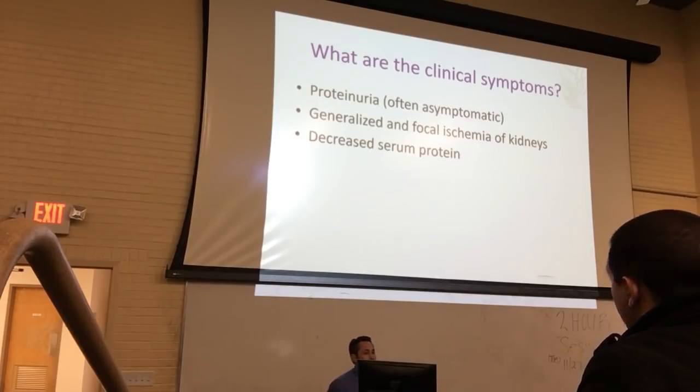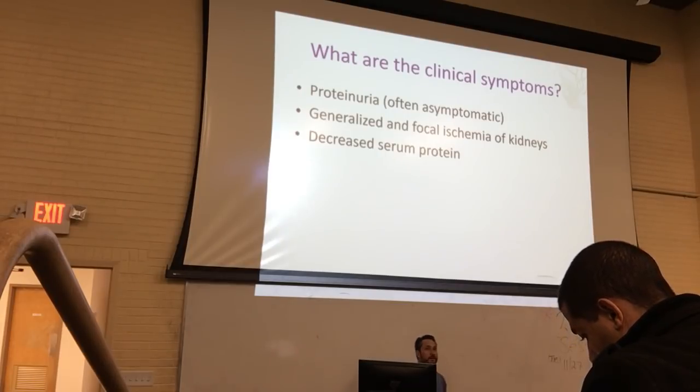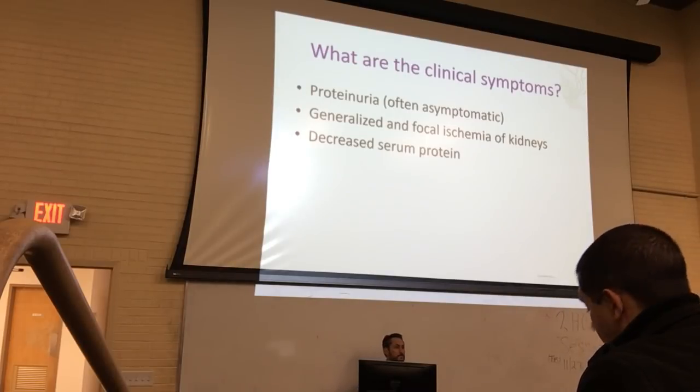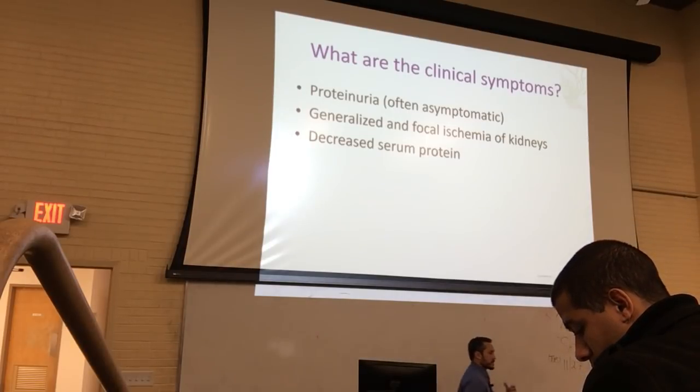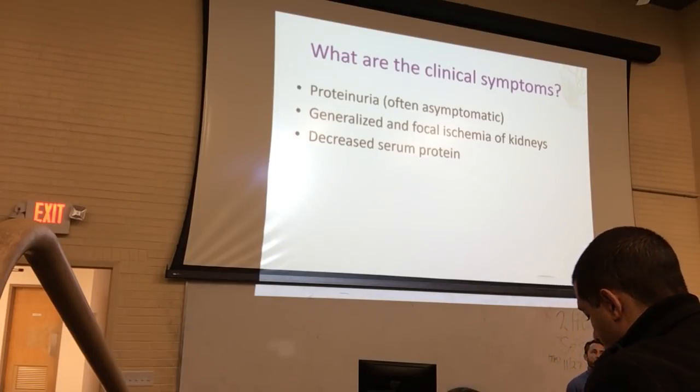They're going to see protein in their urine. They're going to typically have focal areas of ischemia of the kidneys, and their serum protein level will go down because they're going to be excreting a lot of the protein. They're not going to be operating as an appropriate filter.